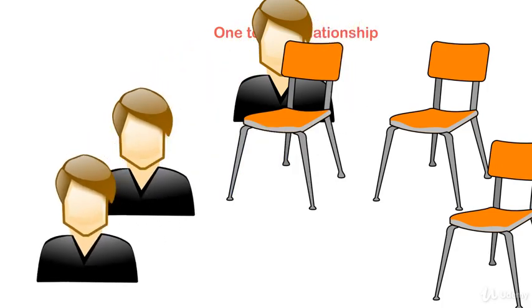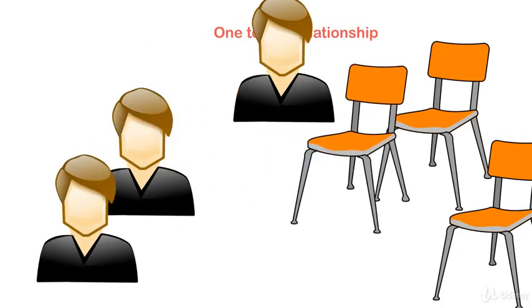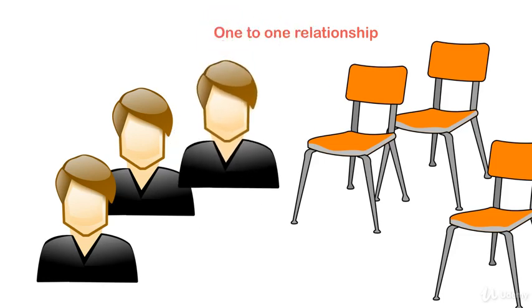So no two persons are occupying one chair at the same time, and no two chairs are occupied by a single person at the same time. So the relationship between the person and the chair is one to one.